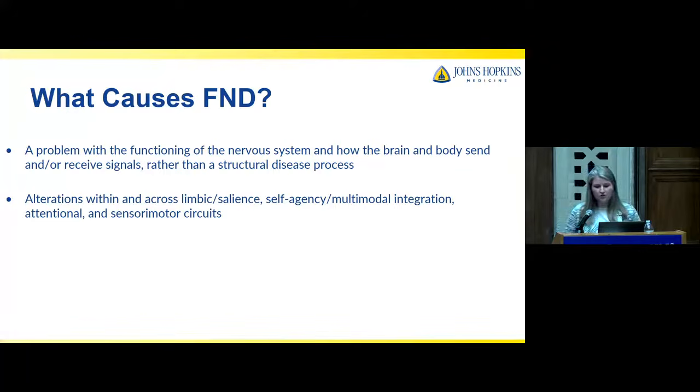I think what's important to know is that the studies that have been done imply that there's some sort of miscommunication or alteration in the connections between the parts of the brain that take in sensory information, send that to the emotion hub, the self-agency hub, and then the motor production hub.